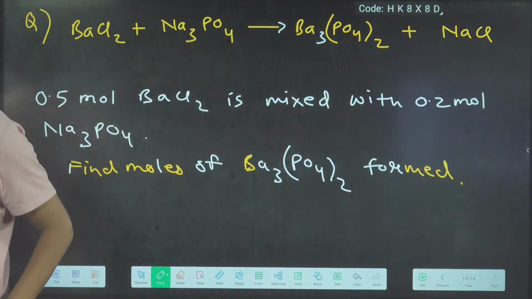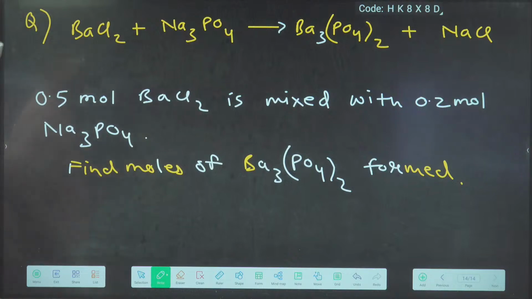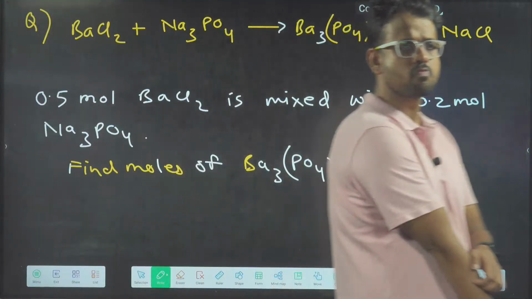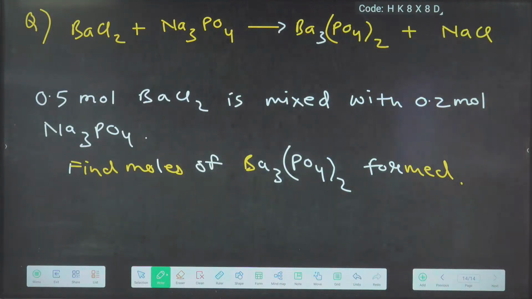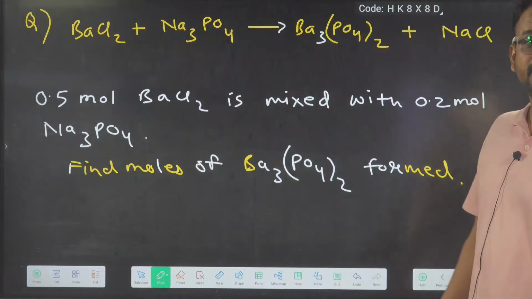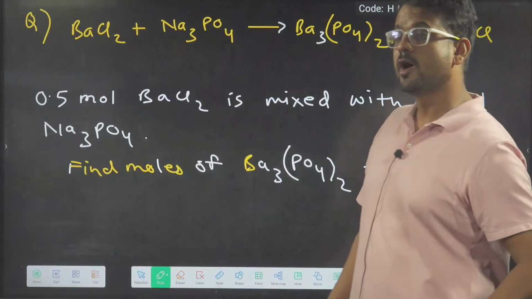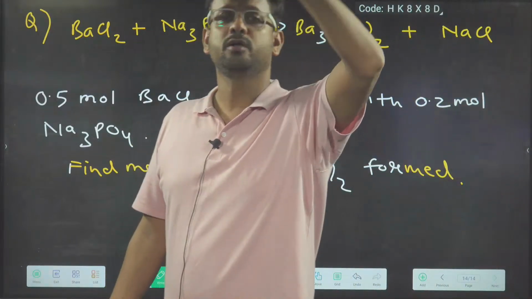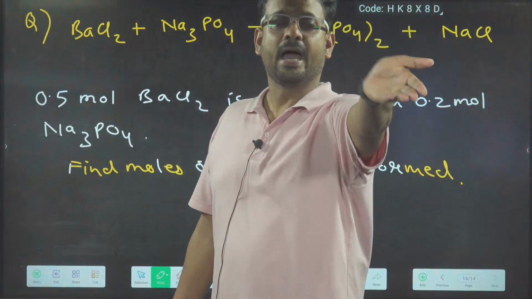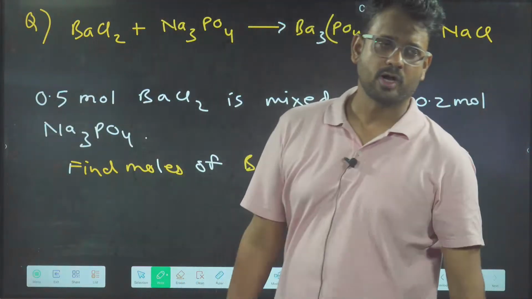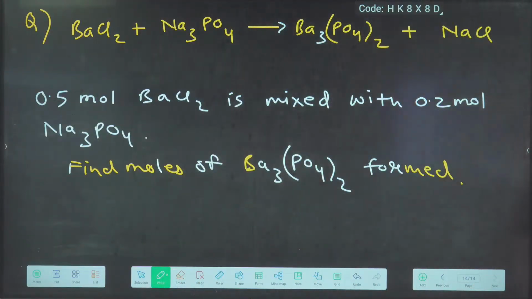So here, first you have to balance, then you have to find the limiting reagent, then you have to apply the mole equation on the limiting reagent and the product to get the moles of product formed. Do it, everybody, try it.